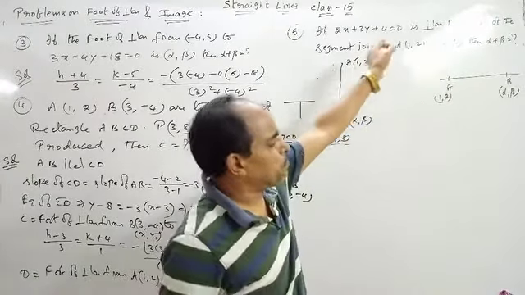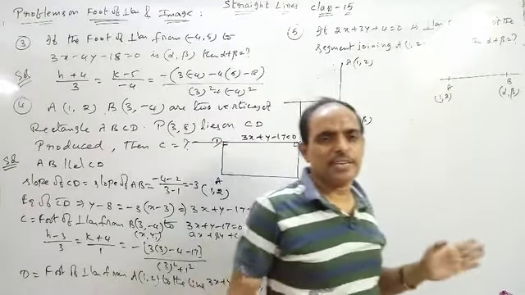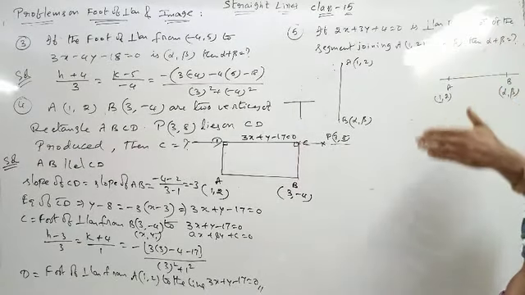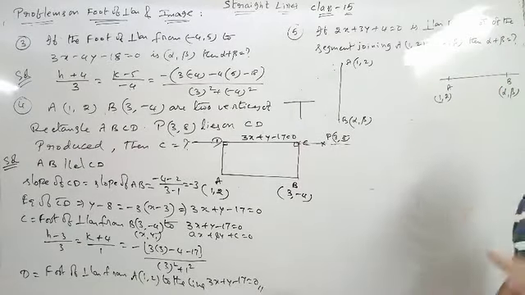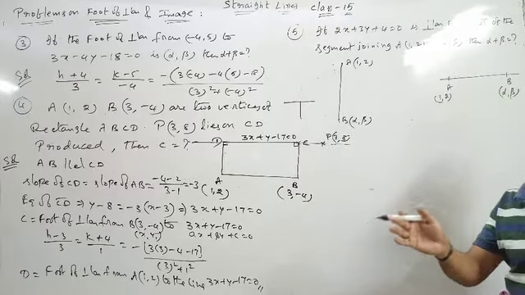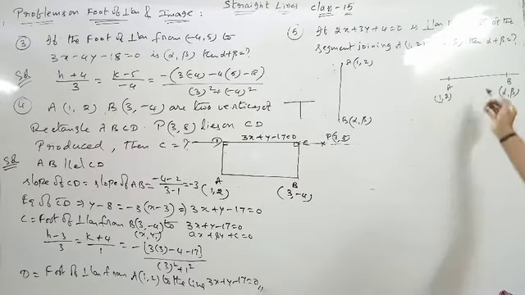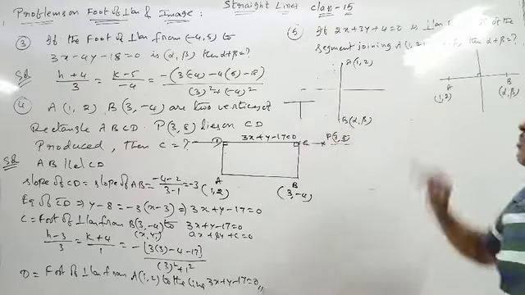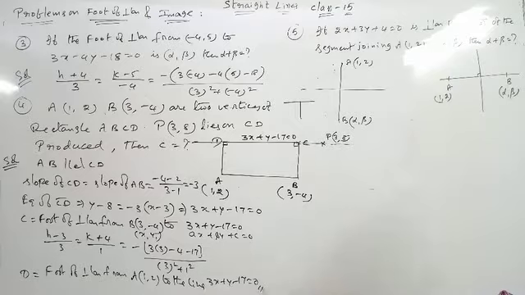And perpendicular bisector. What is meant by perpendicular bisector? The line which is perpendicular and bisects the given line. So this will be the perpendicular bisector. Or you can write like this also. This will be the perpendicular bisector.